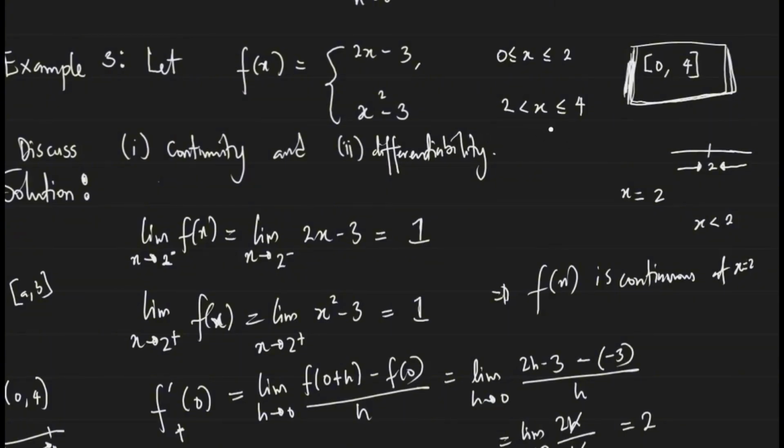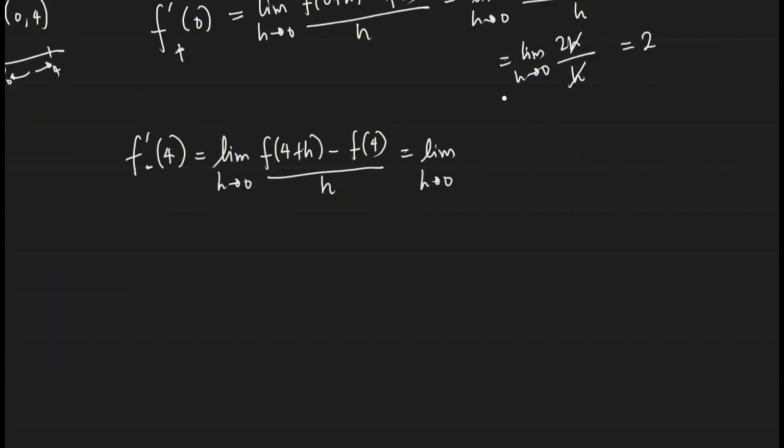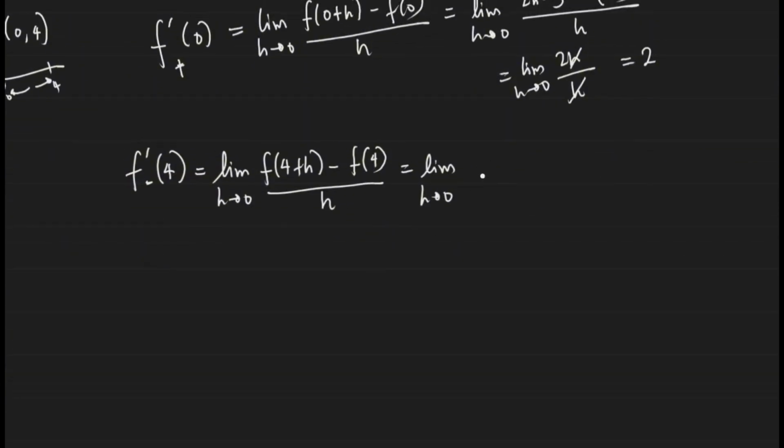Do you understand? Why? Because x is less than 4 in this region here. We are observing an open interval, so x is strictly less than 4.